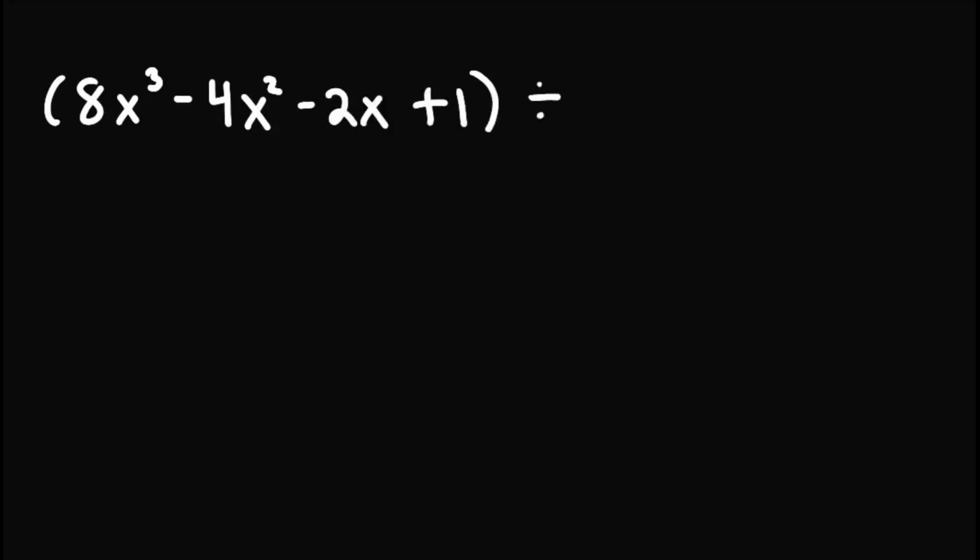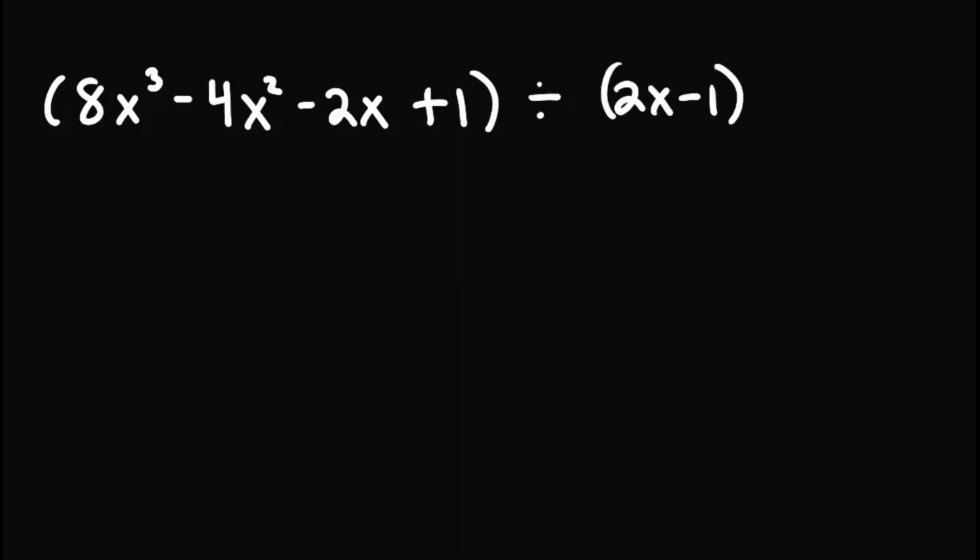Let's have one last example. Suppose that we have 8x cubed minus 4x squared minus 2x plus 1 divided by 2x minus 1.